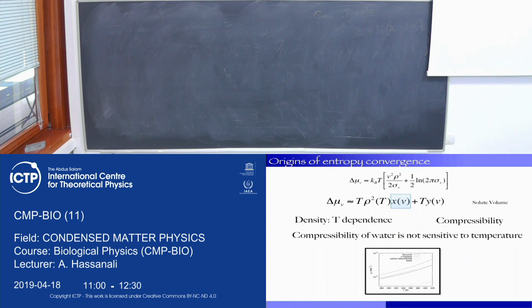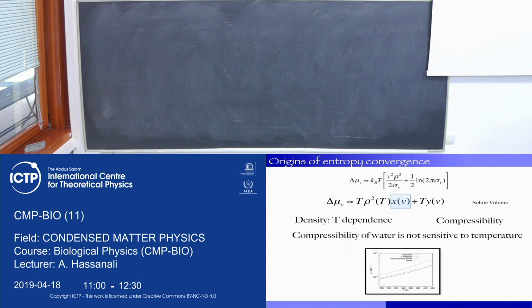But in the temperature range that is relevant to biological problems, for the most part, this is just constant. Okay? So what does this mean? This means that all this entropy convergence of hydrophobicity is manifested in this term here.